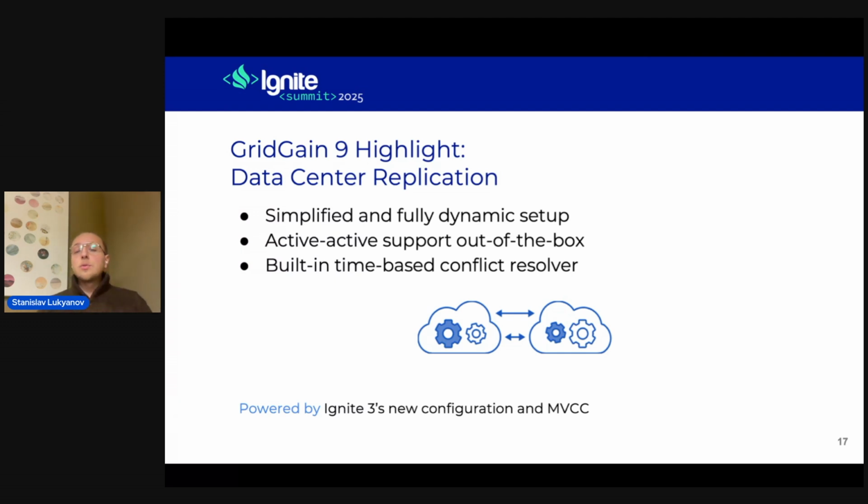This allows you to have clusters that are on different server racks or different availability zones or even completely different regions, maybe different continents. Can have them connected and exchanging data, maybe in an active passive or even active way.